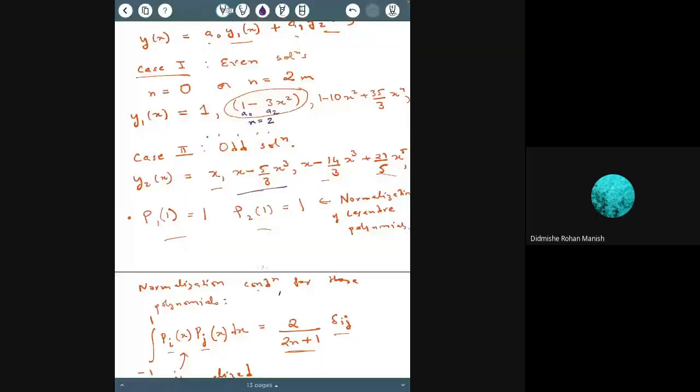That is minus of 12 minus 2, 10, by 6, so this is minus 5 by 3. My y for L equal to 3 should be x minus 5 by 3 x cubed. Let's verify that this is the case. Yes, it is x minus 5 by 3 x cubed. So this is how you get the unnormalized one.